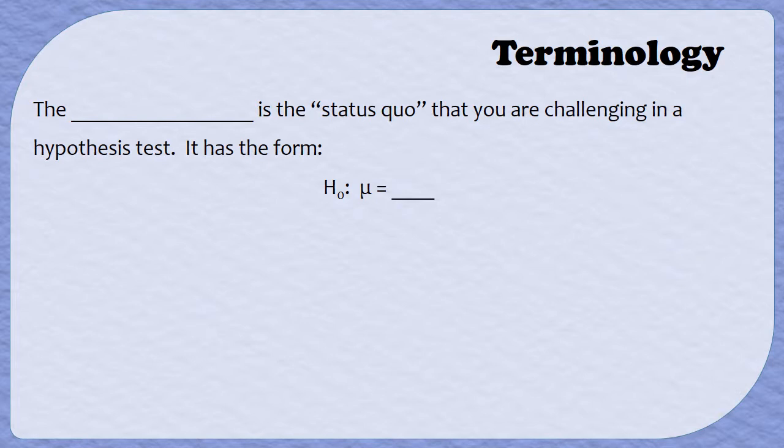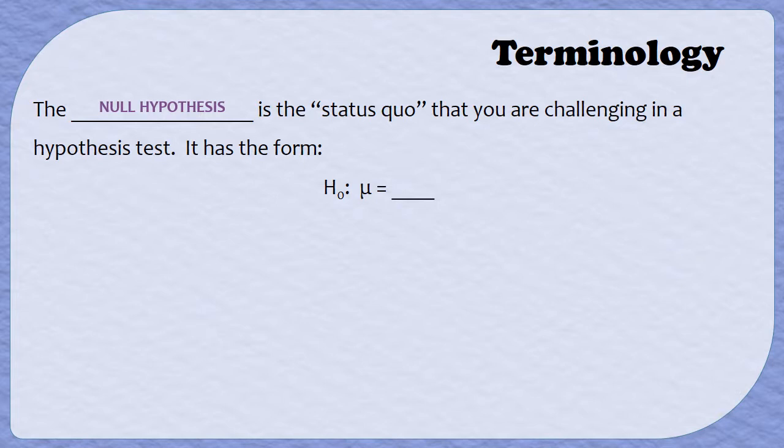The status quo, or the claim that you are challenging in a hypothesis test, is called the null hypothesis. So this would be the statement, men have an average height of 10 feet tall. The notation for this is an H with a subscript of a 0. We're going to call this H null or H naught or H0.